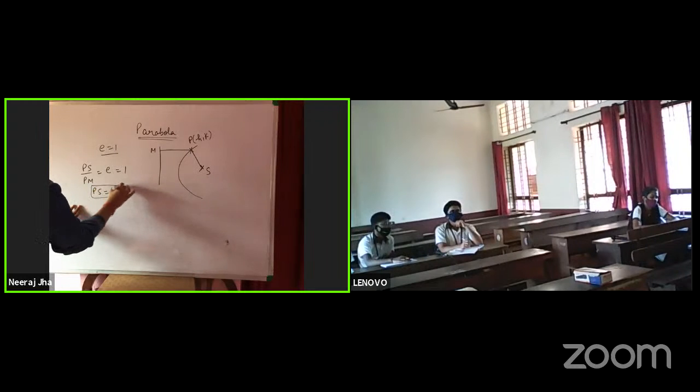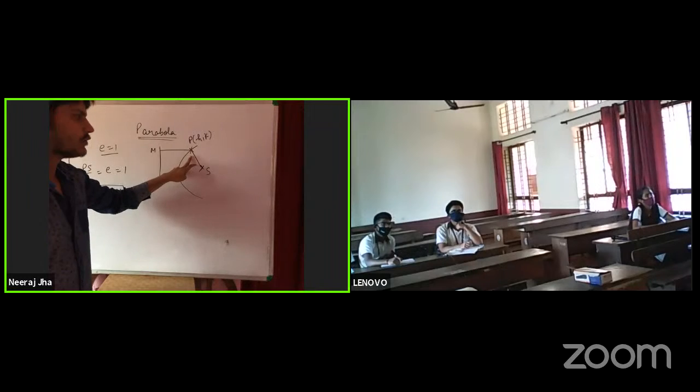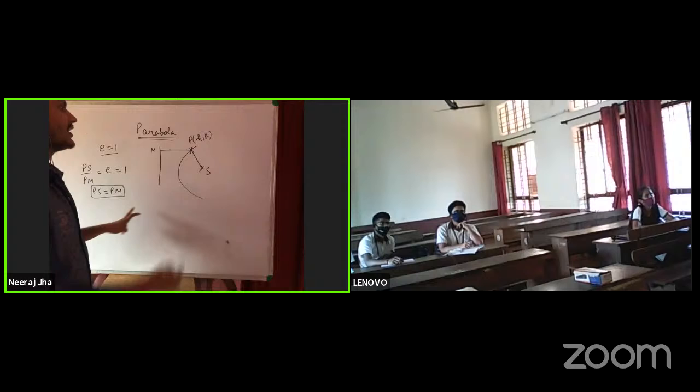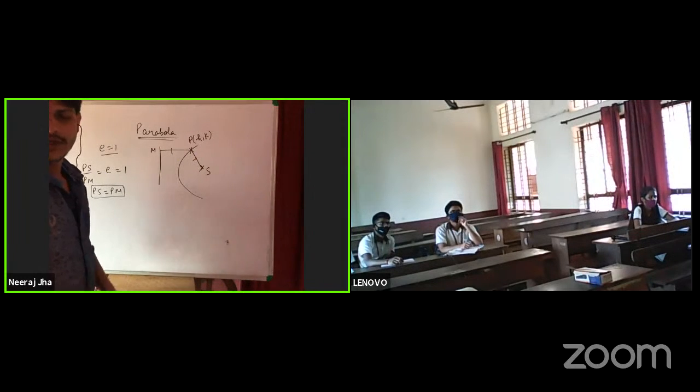I can define this as the locus of a point which moves in such a way that its distance from a fixed point and a fixed line is always constant. This is a parabola.